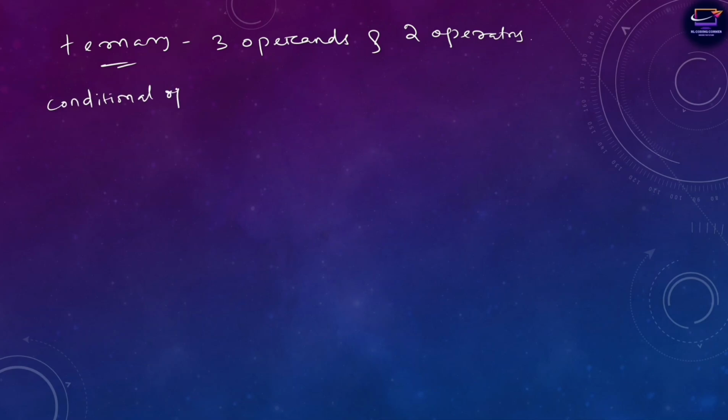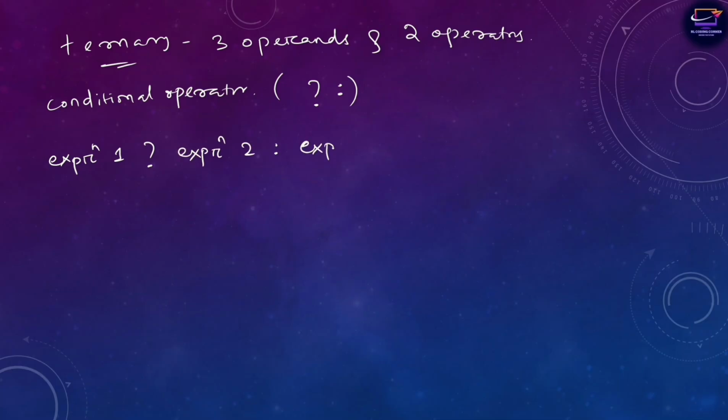We use the symbols question mark and then colon, right? So the syntax of the ternary operator is: first our expression 1, then question mark, then expression 2, then colon, and then expression 3, right? Expression means a sequence of operands and operators, as I have already told, that after processing gives a single result.